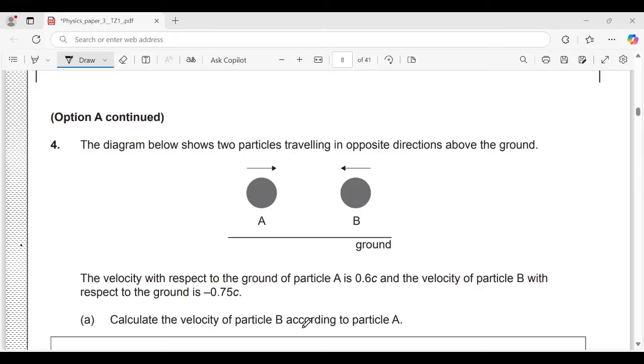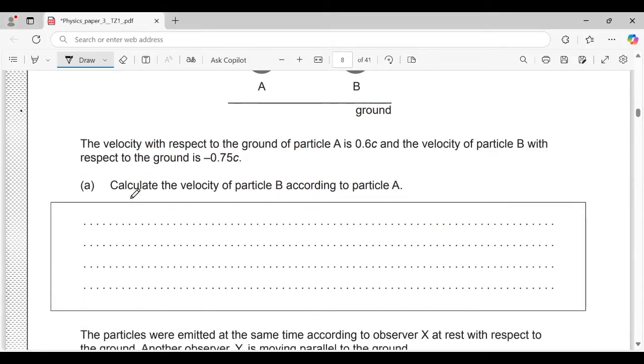Calculate the velocity of particle B according to particle A. It means velocity B to A, right?